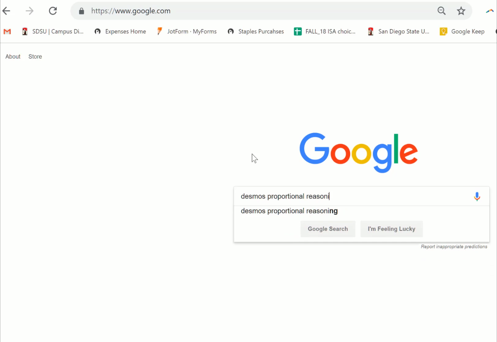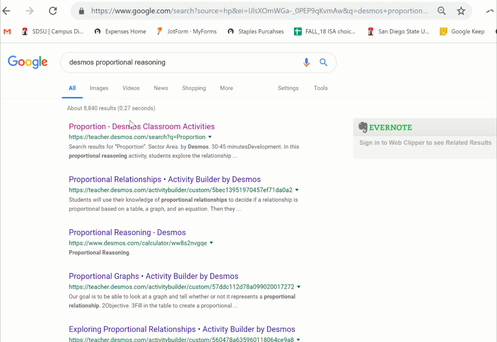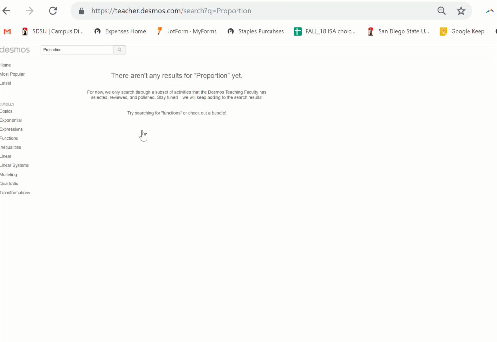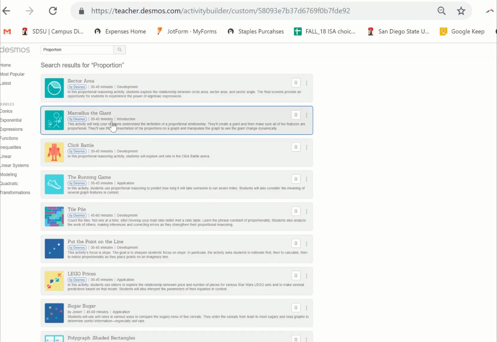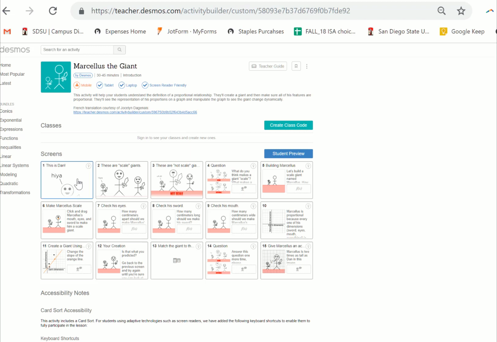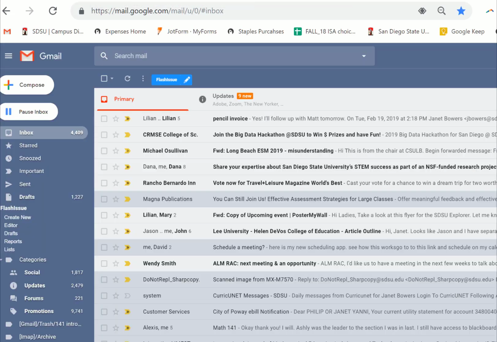Then what you see is a list of projects that teachers have done. This one says Activity Builder by Desmos. This one looks like a teacher did it. Here's one that's really cute called Marcellus the Giant. There's a whole bunch that you can see that other teachers have created.